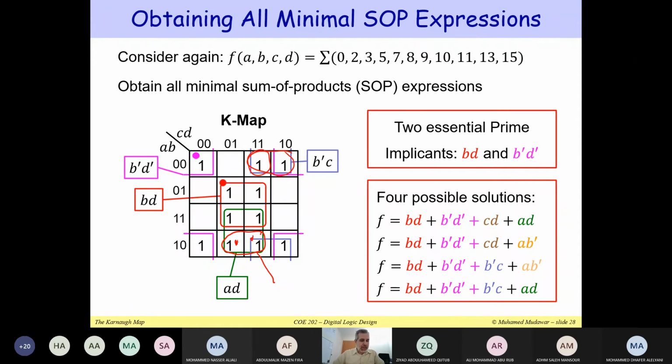You tell me what's the expression for these 2? A B prime D. Now, what is better, A B prime D or AD? AD. Now, you tell me if I take AD or AB prime D, what do you get?